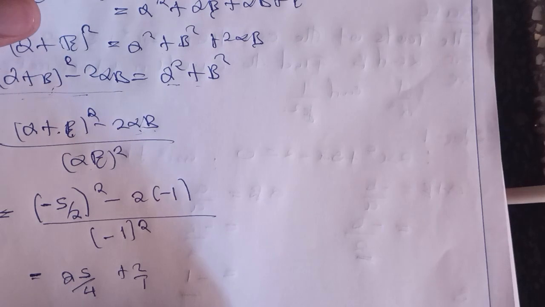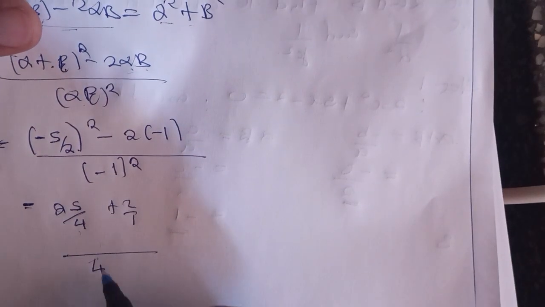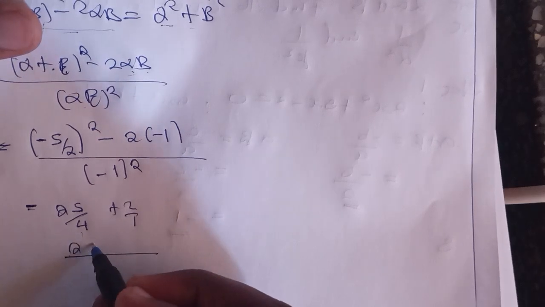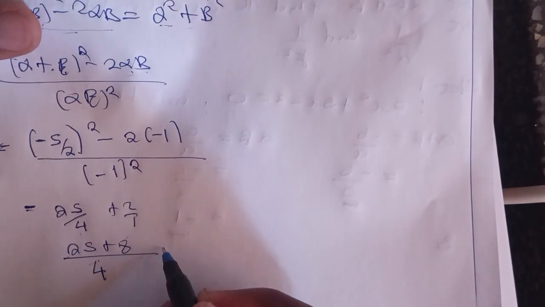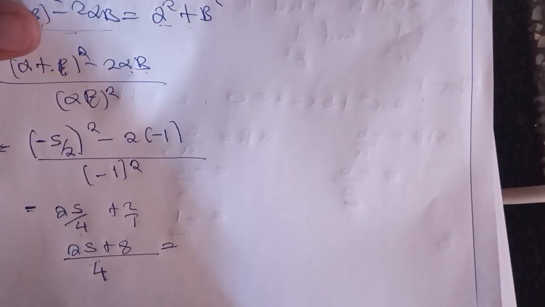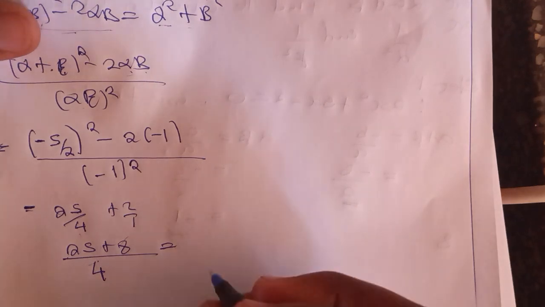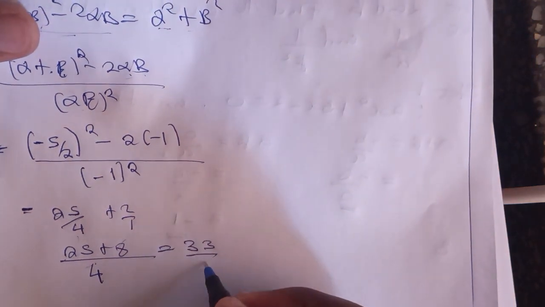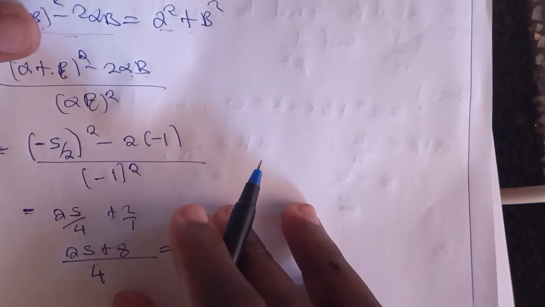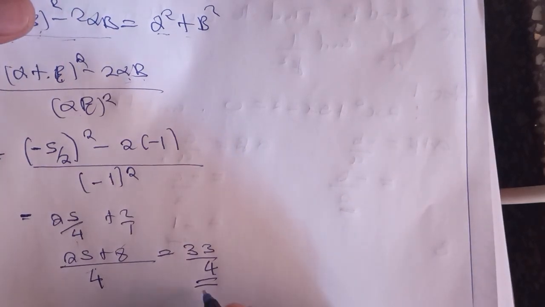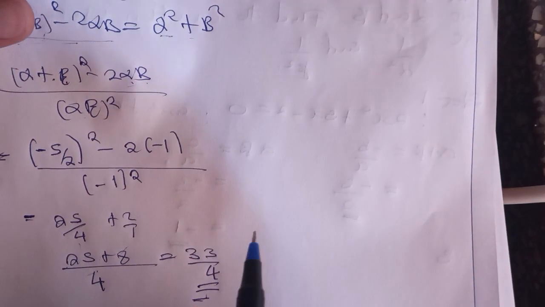Our 4 will be the lowest common multiple, so we have 25 plus 8, which is 33 over 4. So that will be our solution from this point, our sum.